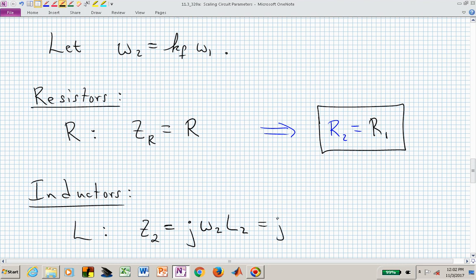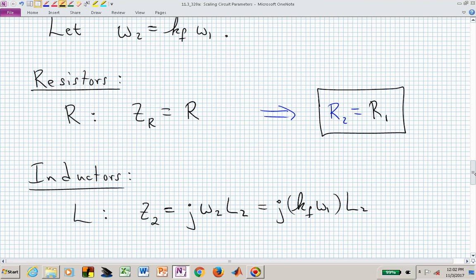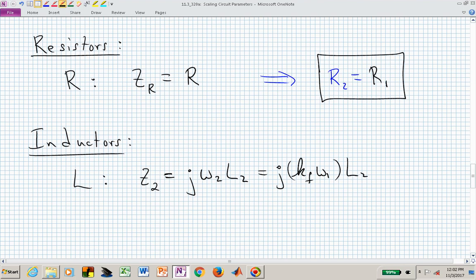Omega sub 2 is actually this K sub F omega 1, and that's now scaling L sub 2. But in this frequency scaling, we want Z sub 2 to equal Z sub 1, and Z sub 1, that's now the impedance of the initial inductor at the initial frequency, so that's now J omega 1 L1.